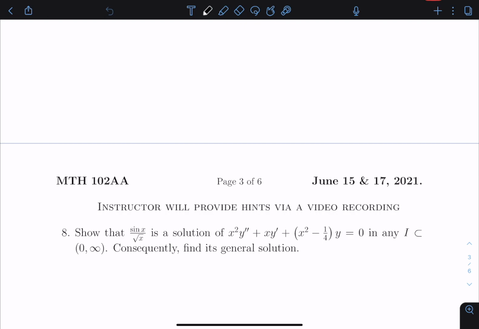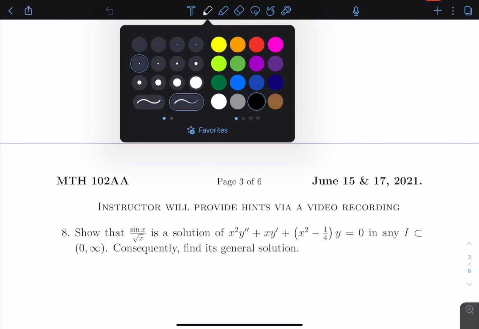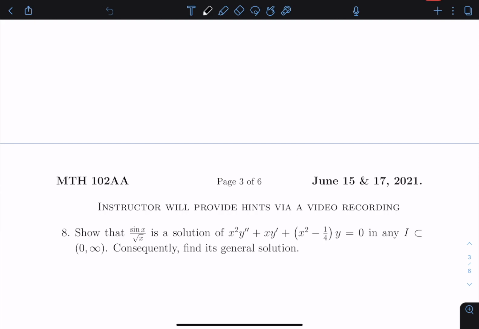What we are given is a solution of this ODE on any interval on the real line.